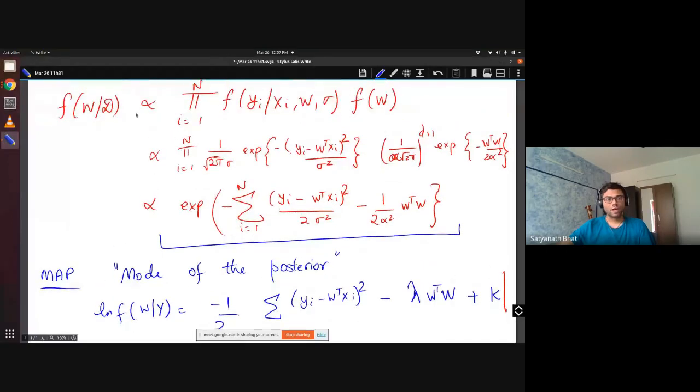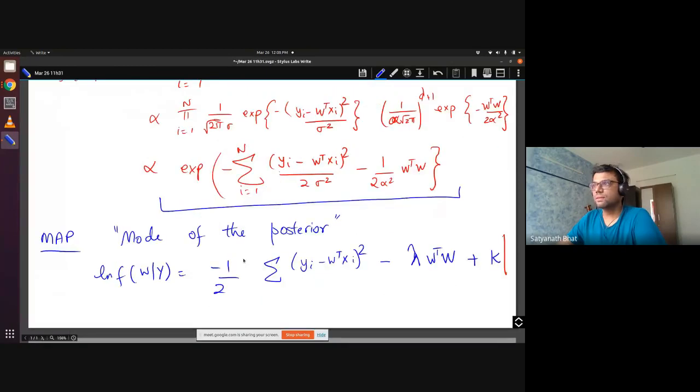Now, if you want to find the MAP, you have to find what parameter maximizes this. So in other words, you need to maximize this. Instead of maximizing this, we can as well maximize this. When you maximize this, you will end up maximizing this. Here, your lambda is chosen appropriately so that it ends up becoming the same.